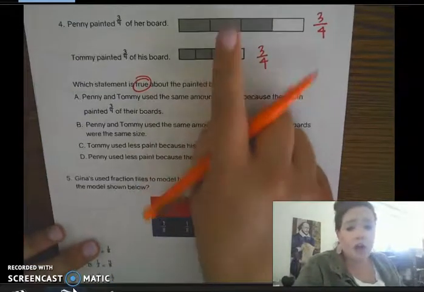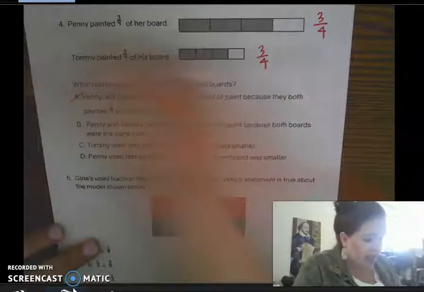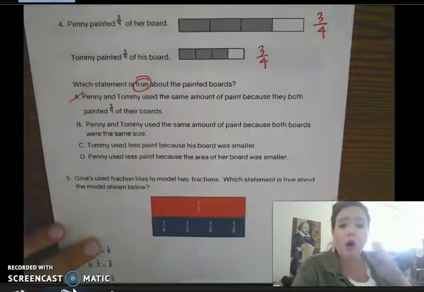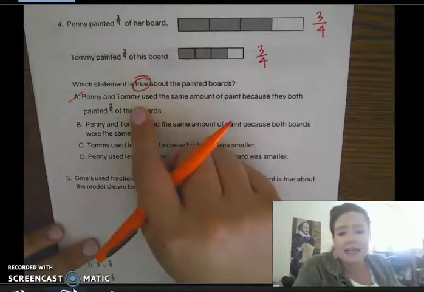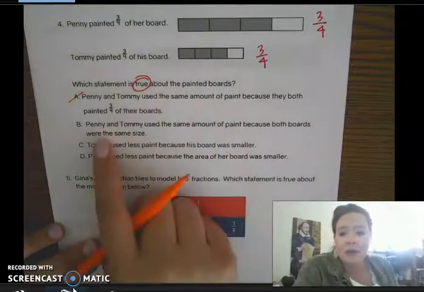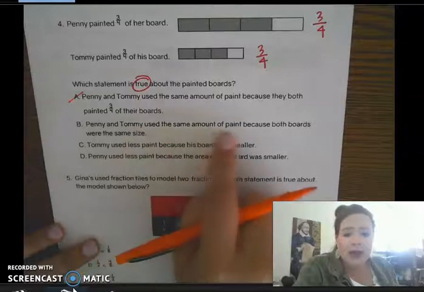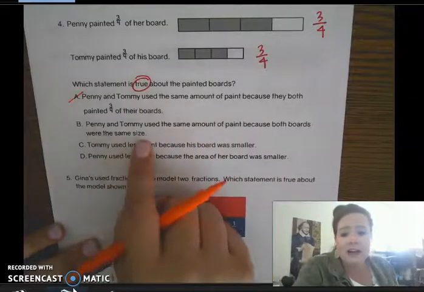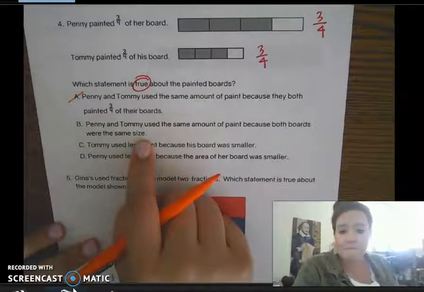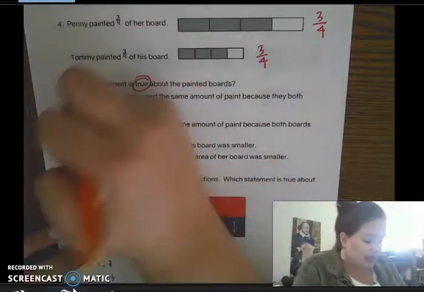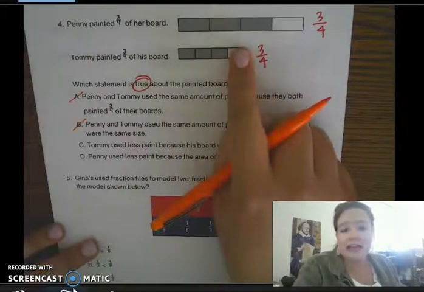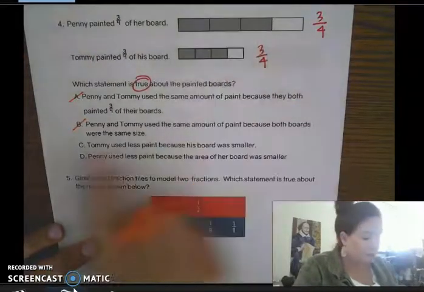Their boards are not the same size, okay? The whole board is not the same size. So that is not a true statement. They did not use the same amount of paint. Penny and Tommy used the same amount of paint because both boards were the same size. Is that a true statement? Good. That is not a true statement. We just got done saying that the boards are not the same size.